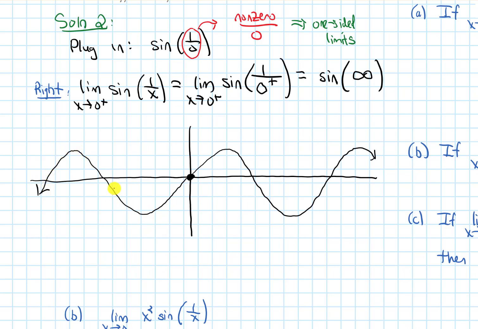I want to know what's happening as the input goes to infinity. So I just go along the graph, down and up and down. And as that happens, the y values don't approach anything. So thus, this does not exist, because it doesn't approach anything.